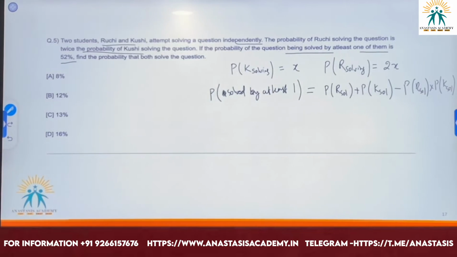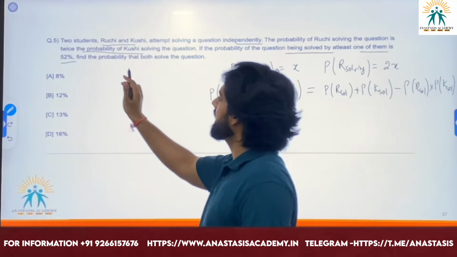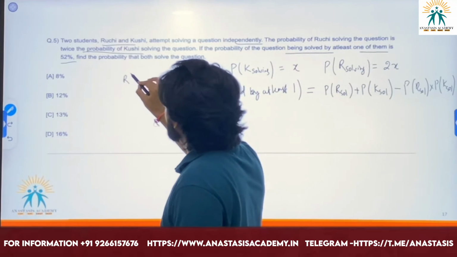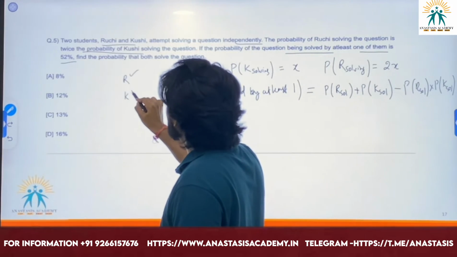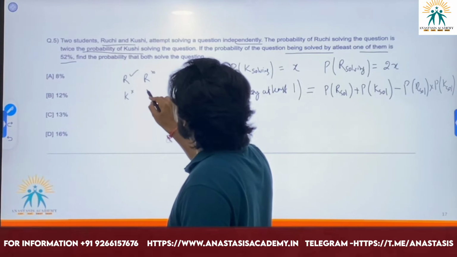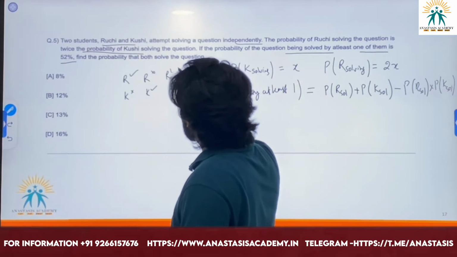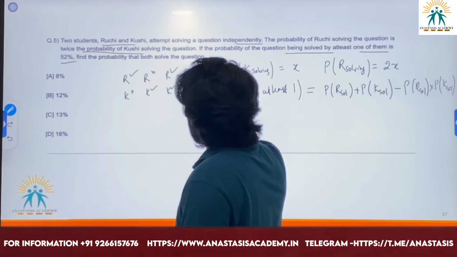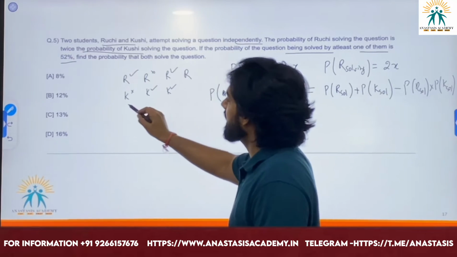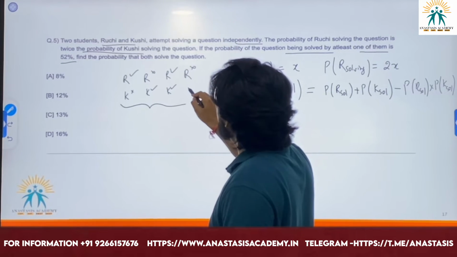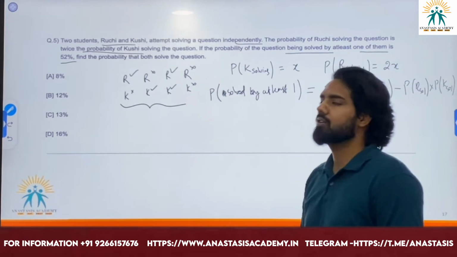The total number of outcomes are: Ruchi solves and Khushi does not solve; Ruchi does not solve and Khushi solves; both of them solve the question; and Ruchi does not solve and Khushi also does not solve this question.